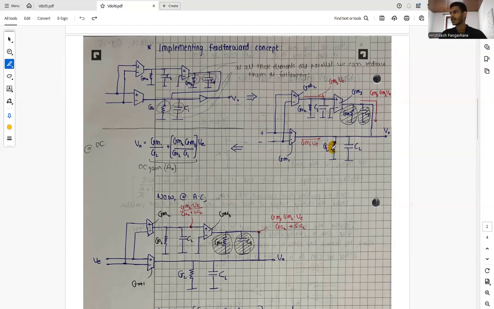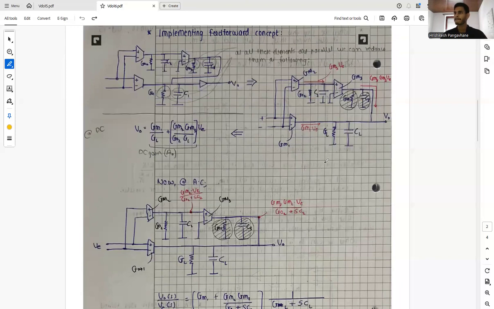Together we write it as GL and CL, and we have GO2, CO2 in their places, and our conductances GM1, GM2 and GM3. Current GM1V will flow through this path, current GM2VE through this path, and current GM3 times GM2VE through this path.